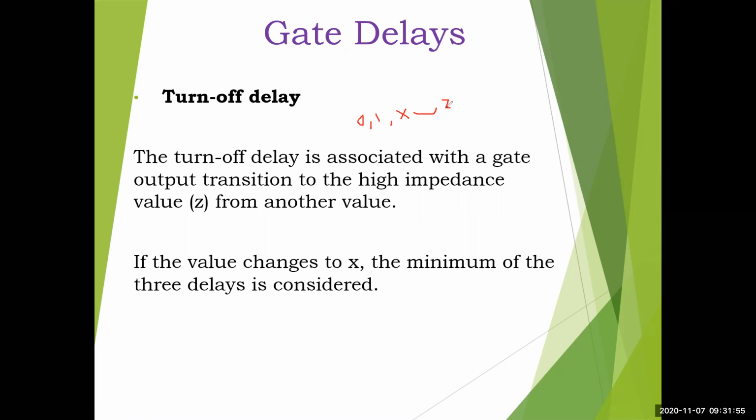The high impedance state will come from any of these values, and that transition we call the turn off delay. If the value changes to x, the minimum of the 3 delays is considered. So that is the idea about the 3 delays associated with the gates.